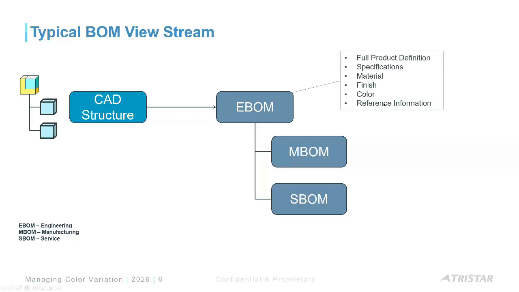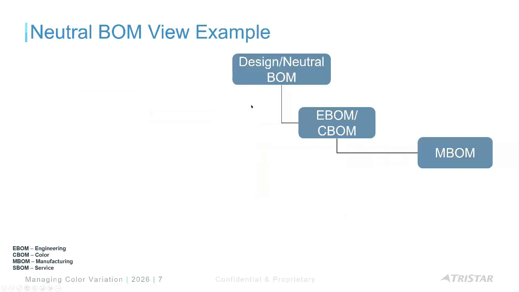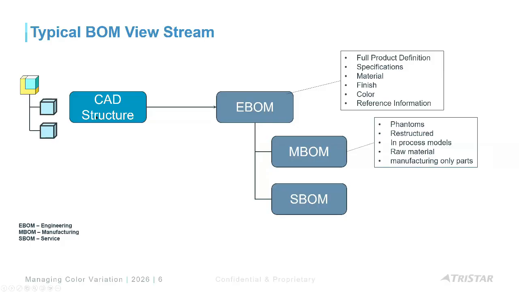And you can put part-specific information on the WT part and not on the CAD model itself. Because sometimes if I'm changing the finish of a part, it might not change the geometry in CAD at all.